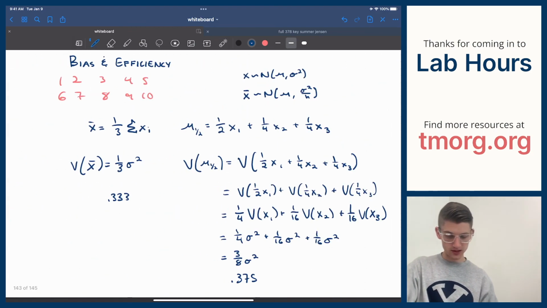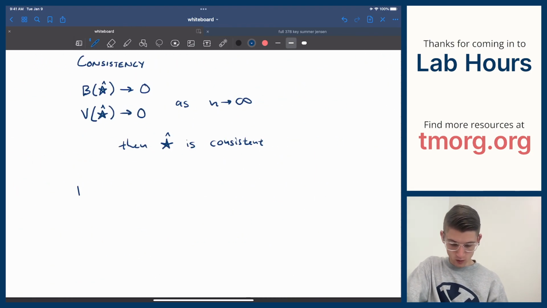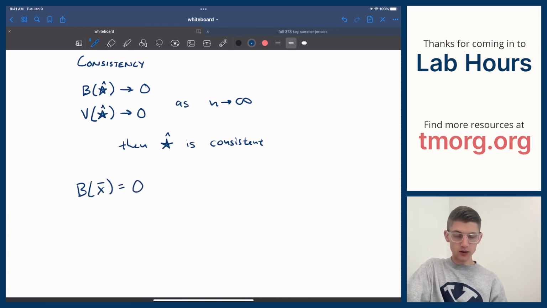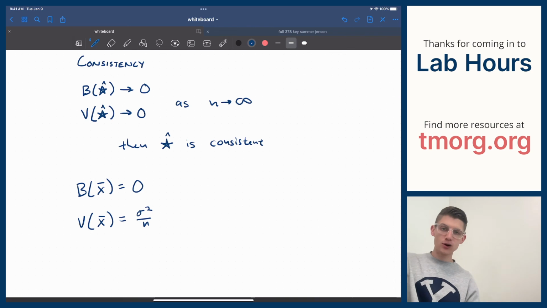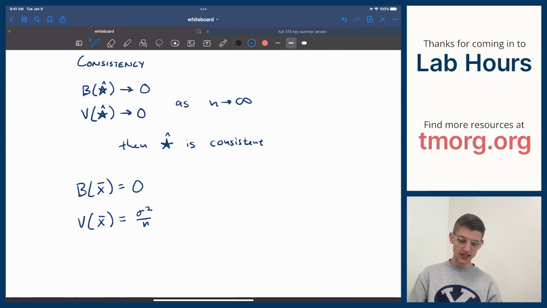So, for example, let's take a look at x bar. What is the bias of x bar? Well, that just straight up is equal to 0. It's not dependent on n at all, okay? What is the variance of x bar? Well, we've shown that the variance of x bar is sigma squared over n. As n approaches infinity, where does that variance go?